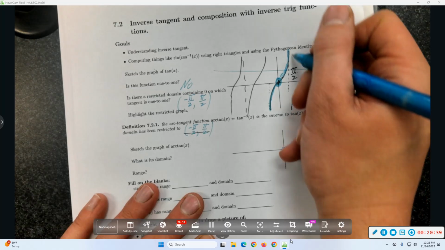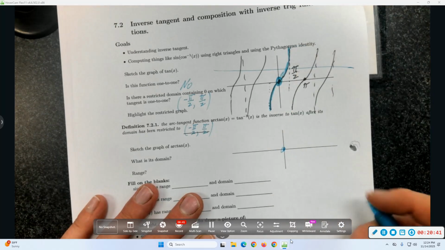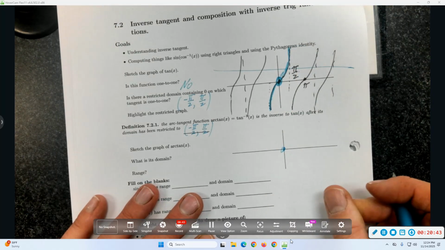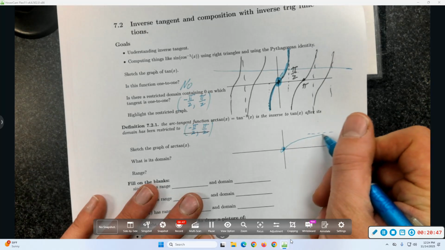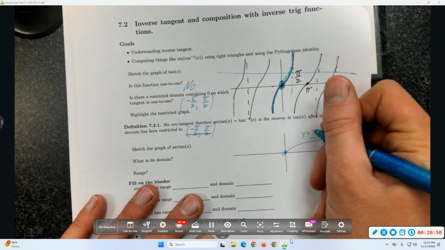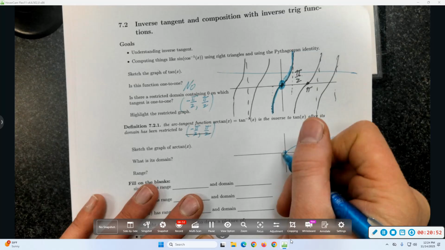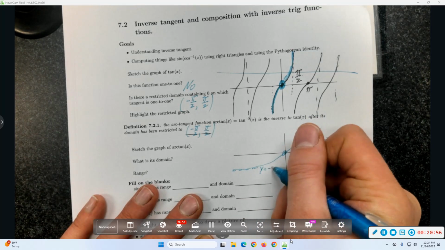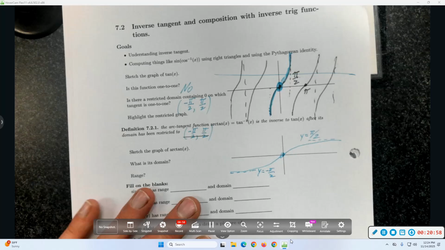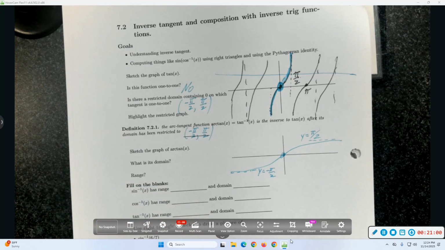A vertical asymptote at pi over 2 becomes a horizontal asymptote at pi over 2, but it's only on the one side. And a horizontal asymptote on the other side at y equals negative pi over 2. Neato. Feeling good?